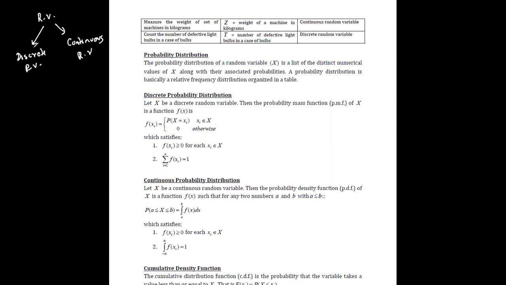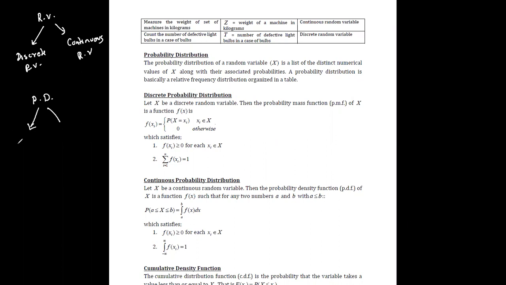Since we can identify random variables in two categories, probability distributions also have two categories. Therefore, there will be two categories of probability distributions. I will abbreviate probability distributions as PD.